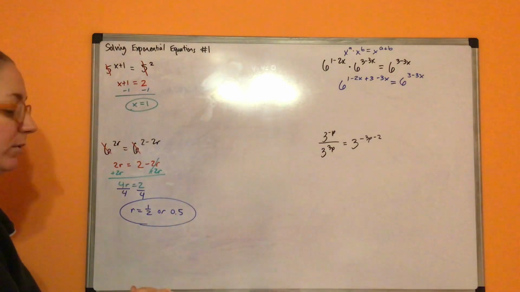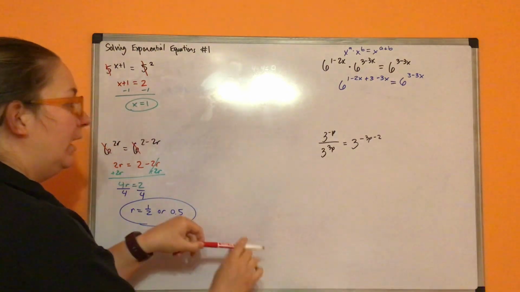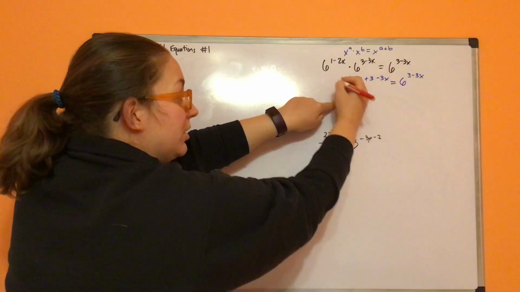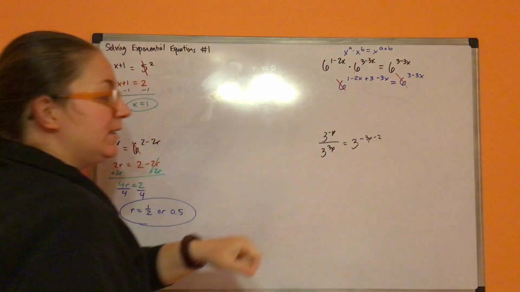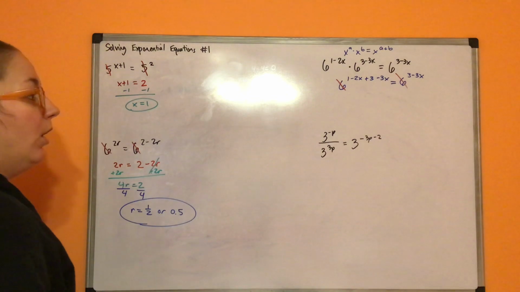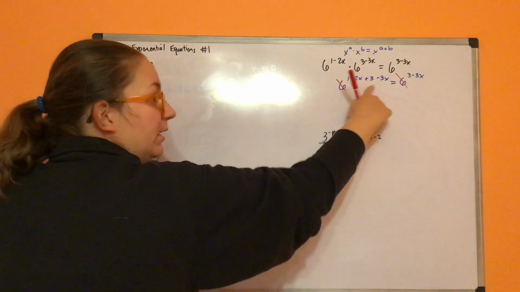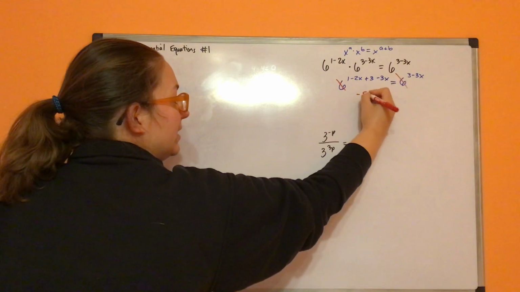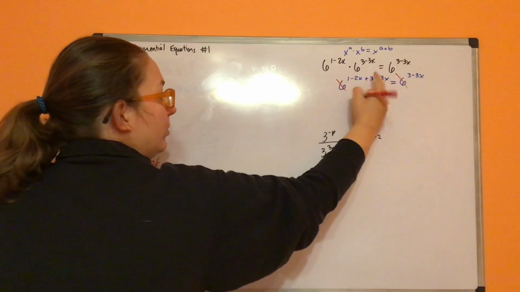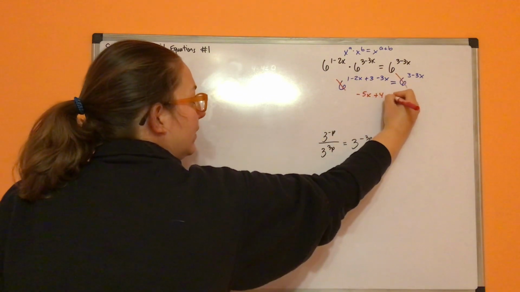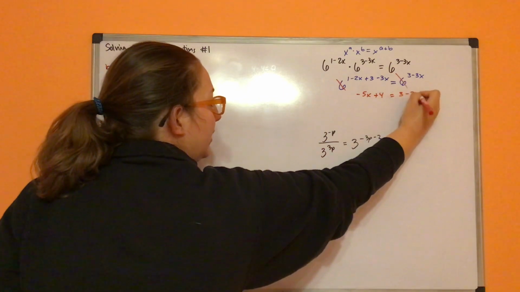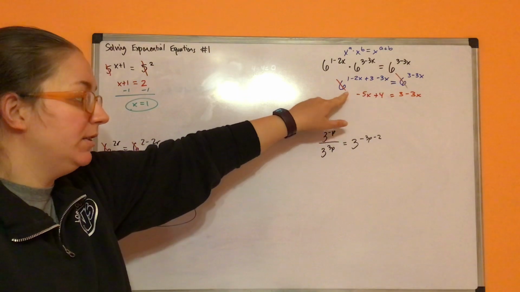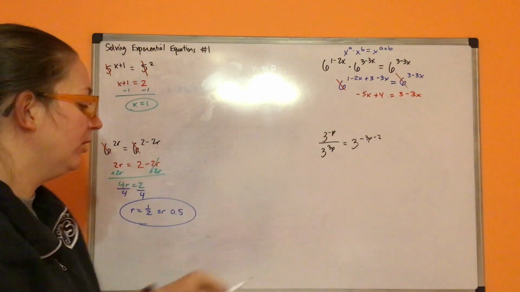We can kind of do a couple things in the next step here. I have the same base on both sides, and that base is only written once on each side. So now I can go ahead and cancel those bases. Also, I can start combining some like terms over here. Negative 2x minus 3x is negative 5x. 1 plus 3 is 4. Other side, there's nothing to combine yet. So now I solve what's left in red. It's an equation like we've done many times before.